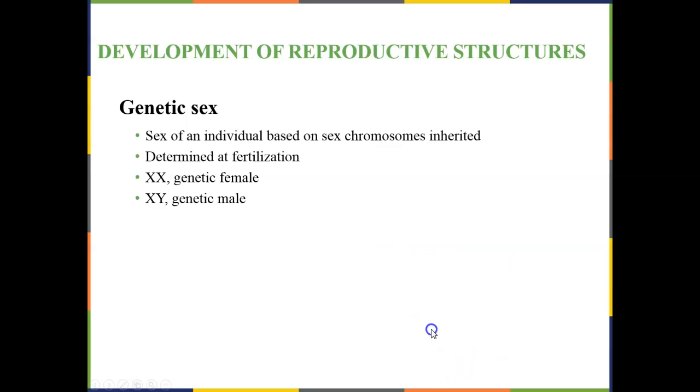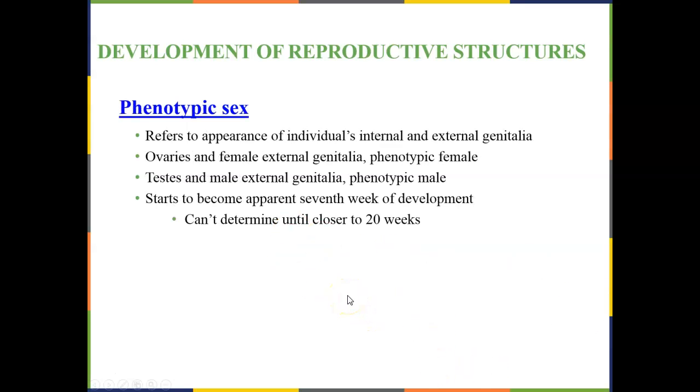Phenotypic sex, on the other hand, is what you look like. So this refers to an individual's internal and external genitalia. If you have ovaries and female genitalia, then you're typically seen as phenotypically a female. If you have testes and male genitalia, then you are generally identified as a phenotypic male.